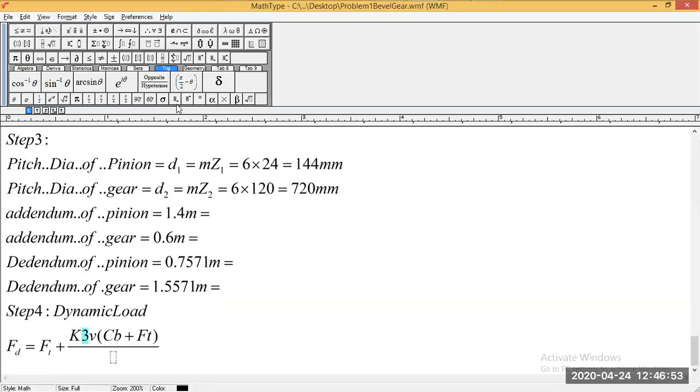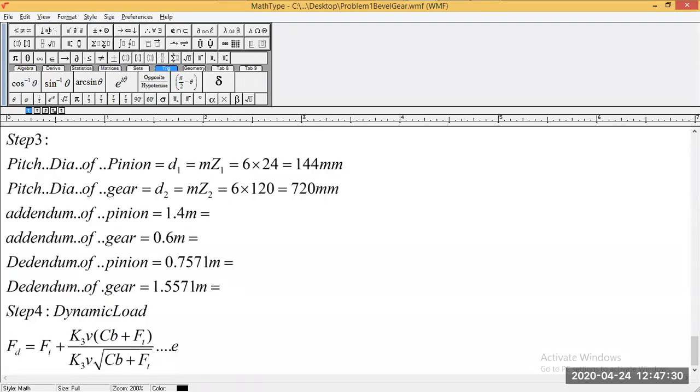K3 is a constant. This formula is similar to the one we use for spur gear: K3 V into the square root of this whole thing. Right.